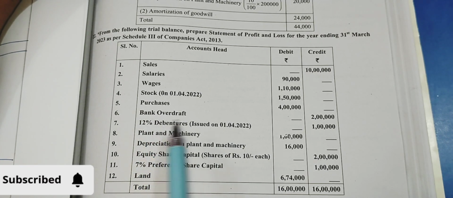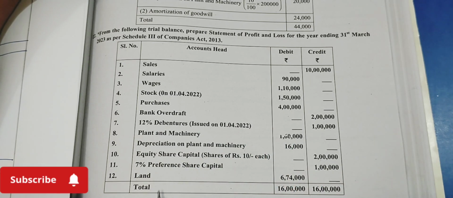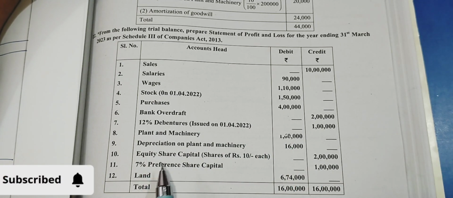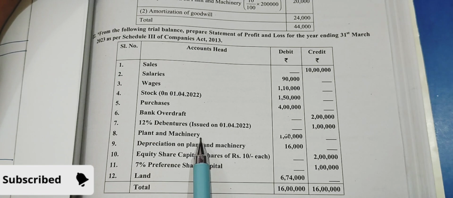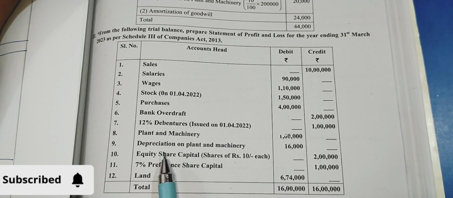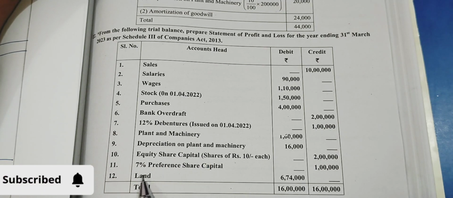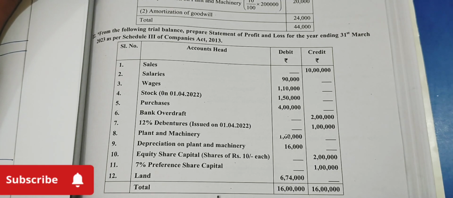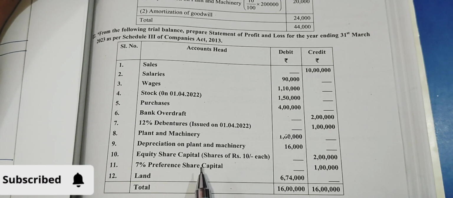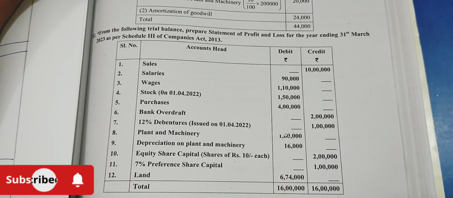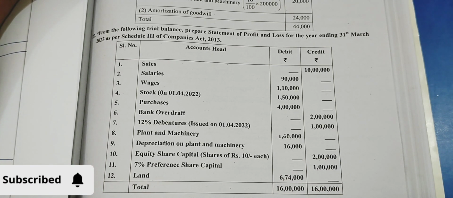Bank OD is given, 12% debentures. So interest on debentures we are taking. Plant and machinery, here we are calculating only the depreciation. Depreciation is given. So this will go under the tangible assets, equity share capital and 7% preference share capital. Land value is given. Again for land also the rate of depreciation is not given. If it is given, we need to calculate it.